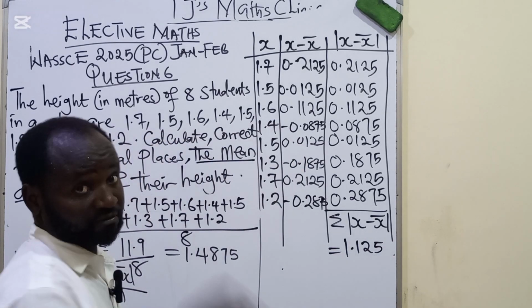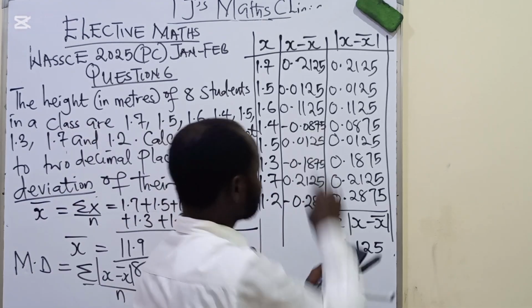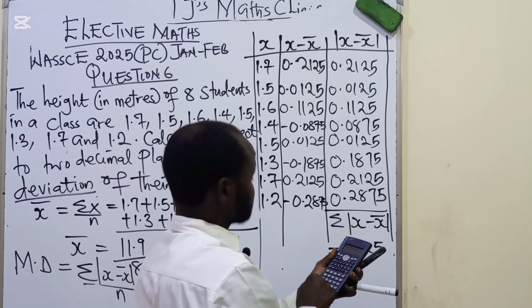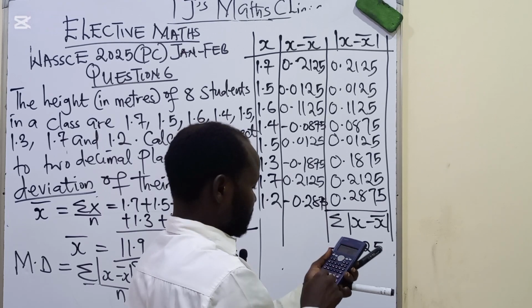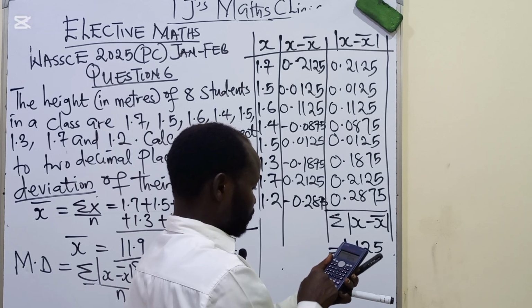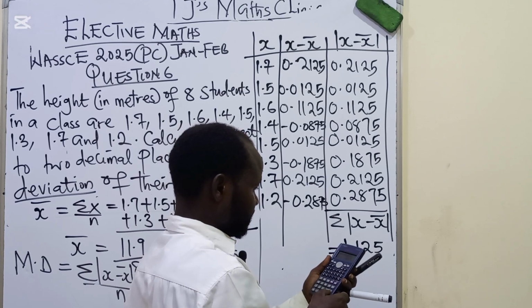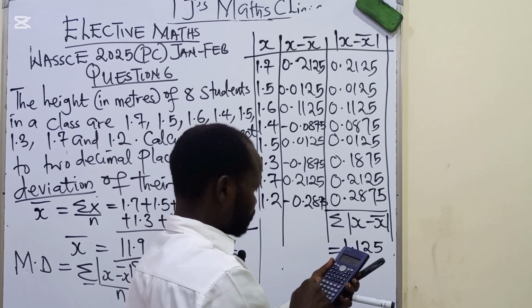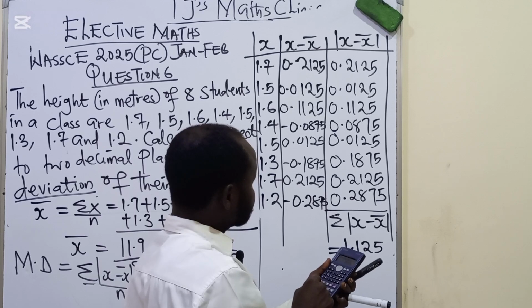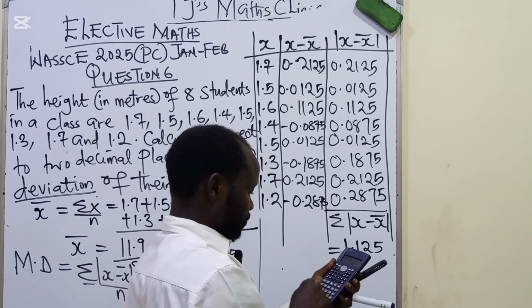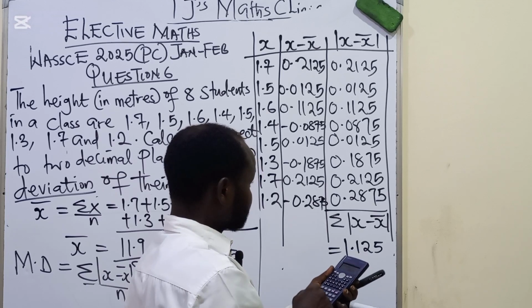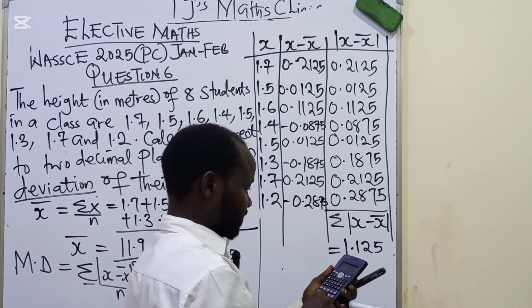Let's check. It's very important for us to recheck. Let's add again: 0.2125 plus 0.0125 plus 0.1125 plus 0.0875 plus 0.0125 plus 0.1875 plus 0.2125, and the last plus 0.2875.